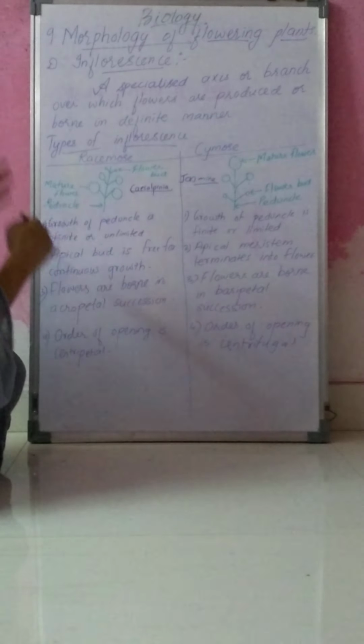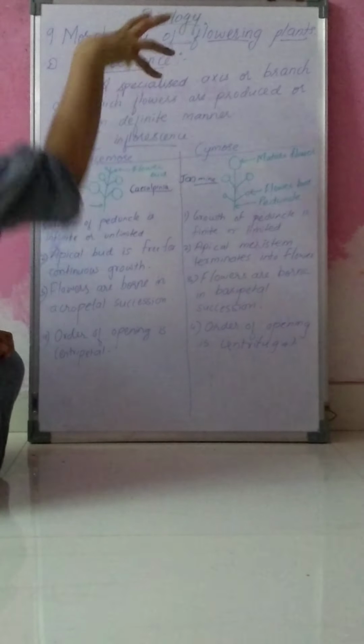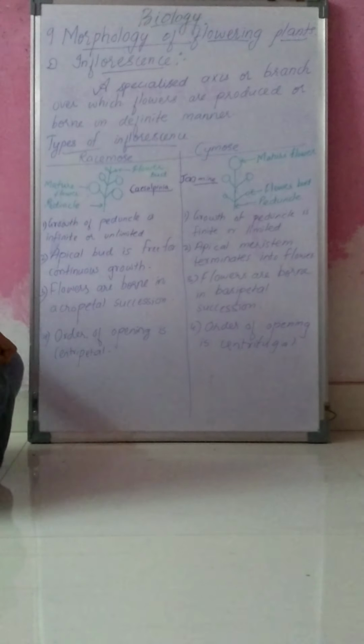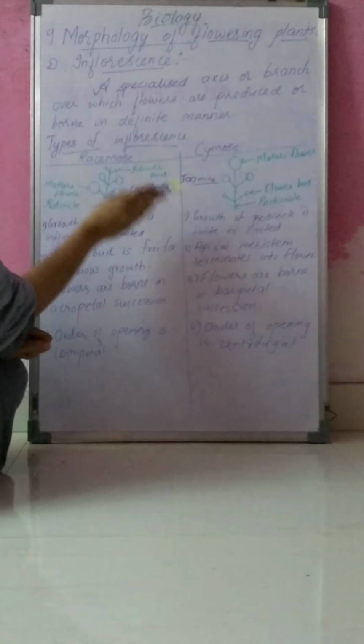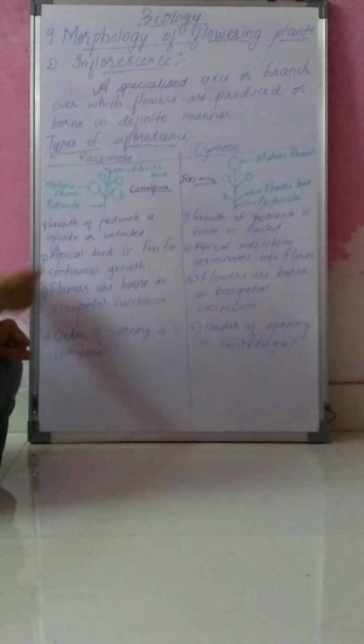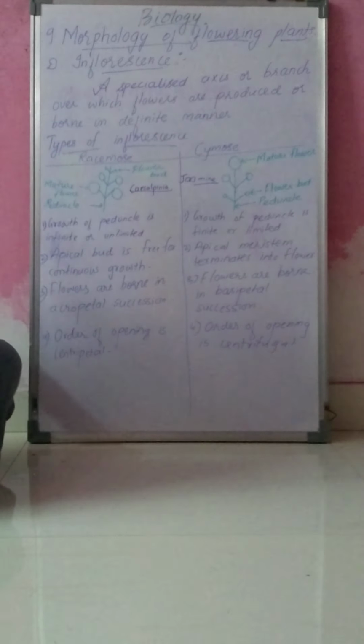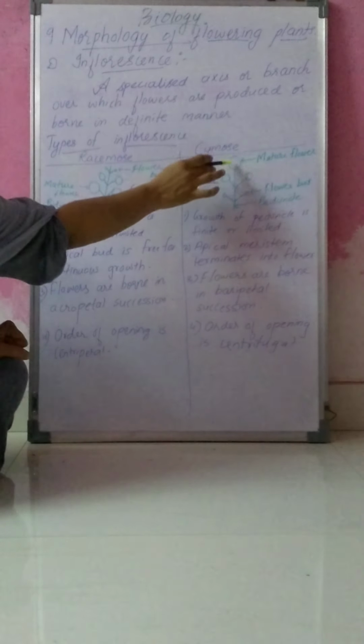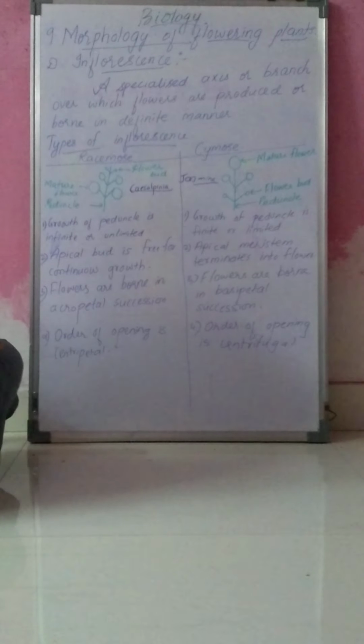And the peduncle cannot grow more and more because the mature flower is present at the top. And you can see here apical meristem terminates into flower. As I said, at the top of the terminal part, you can find a mature flower.